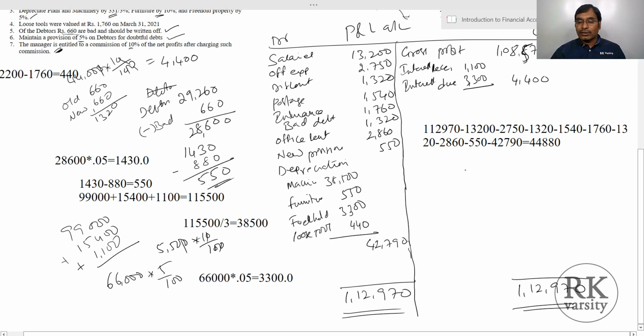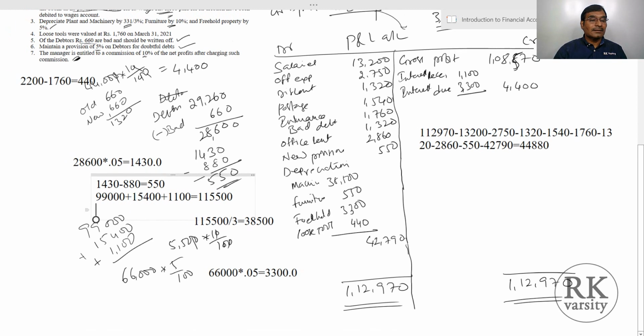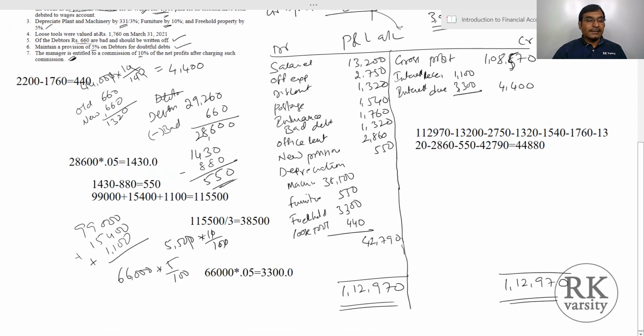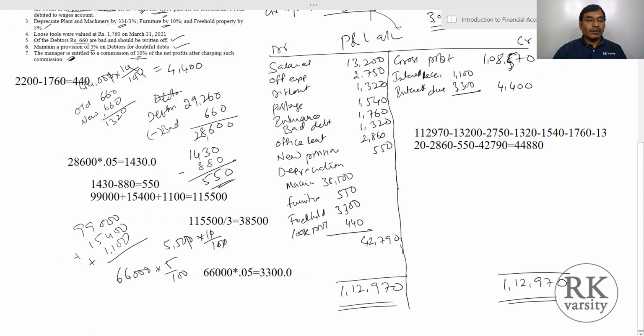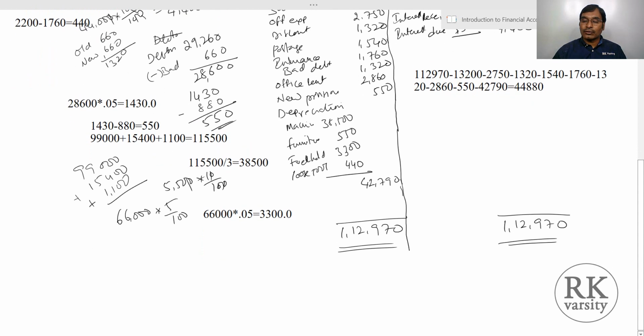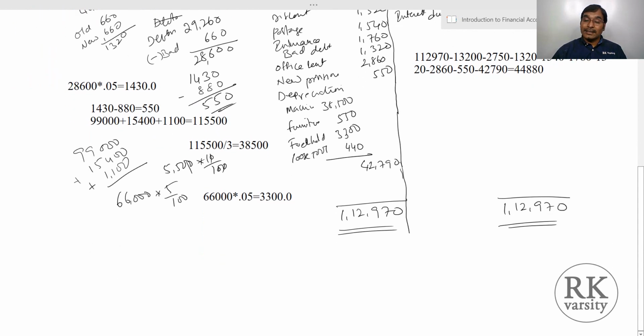So this 44,880 that we got here includes our last adjustment, that is the manager is entitled to a commission of 10% on the net profits after charging such commission. So that means this 44,880 includes the manager's commission.